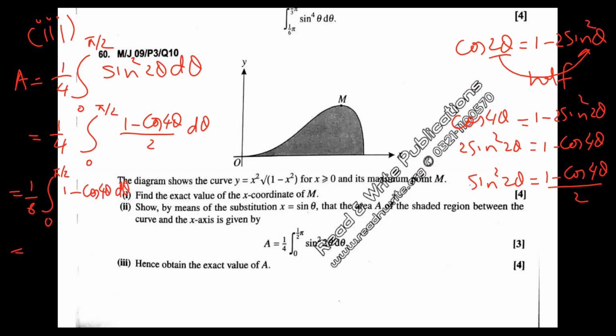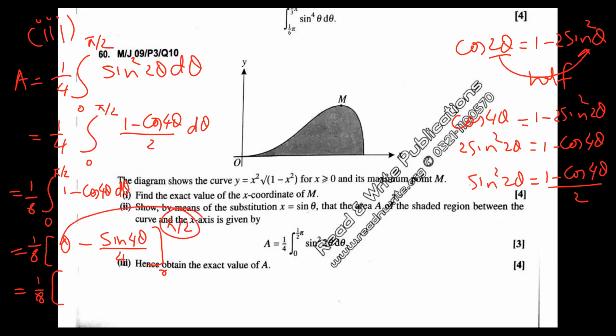And you know, the integration of 1 is theta, and the integration of cos is sine 4 theta divided by the angle's derivative, and that is a 4. And 1 by 8 is still outside, I got it from here. Now I'm going to plug in the upper limit minus the lower limit.